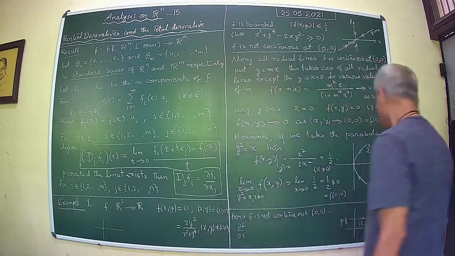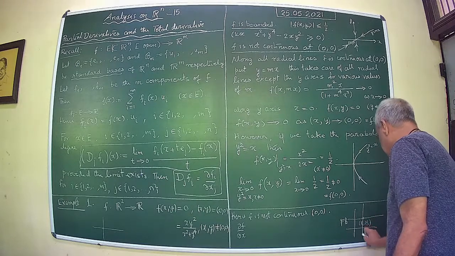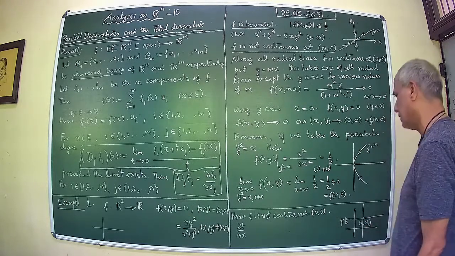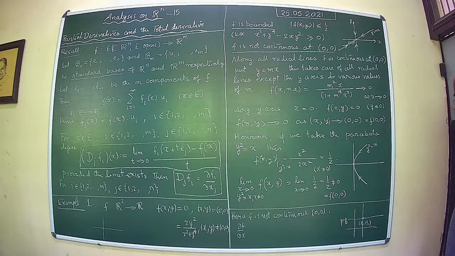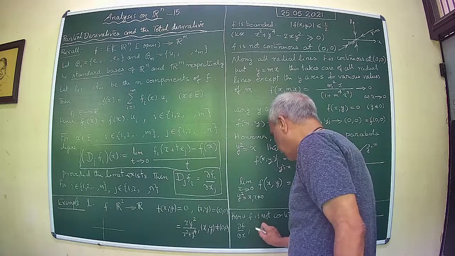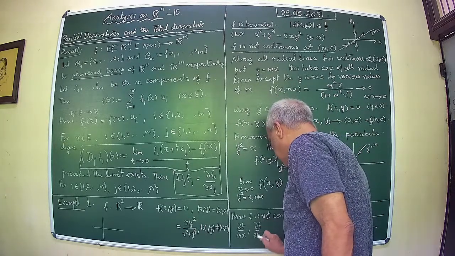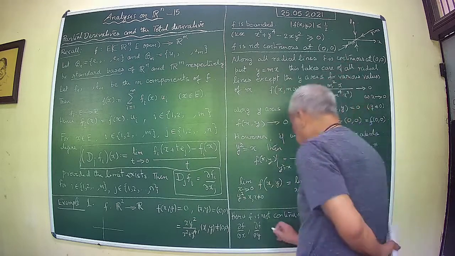Similarly, you keep the x coordinate fixed and vary the y coordinate. That means you set x equal to x0 and then look at the function f as a function of y and differentiate at that point. So you have df by dy, df by dx.